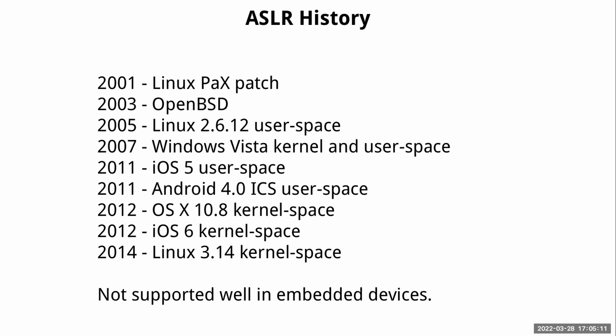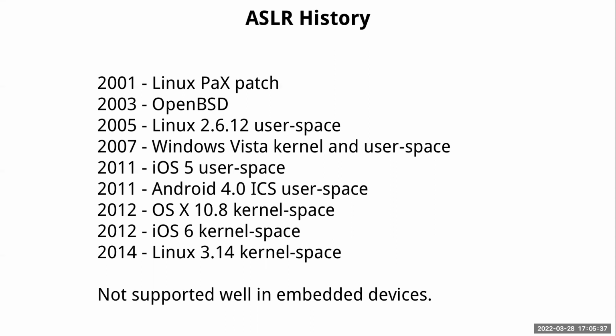So a little bit of history about this technique. Back in 2001, or 20 years ago, the Linux PaX project first coined this term, ASLR. They published their first design and implementation of ASLR in July that year as a patch for the Linux kernel.